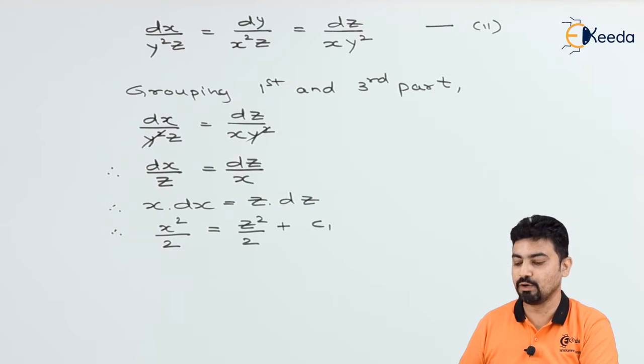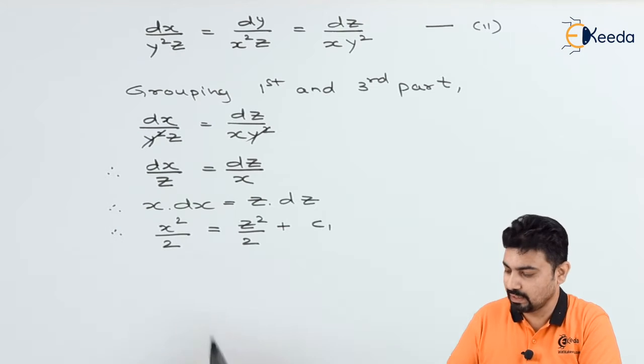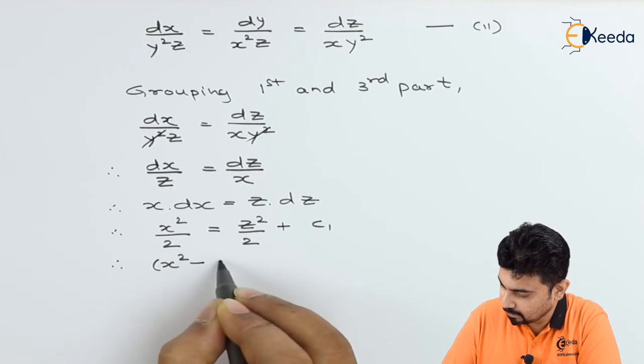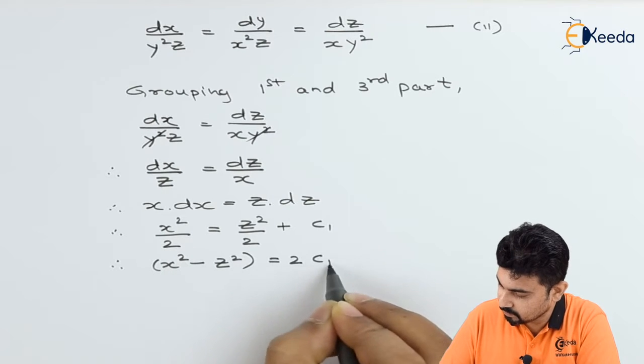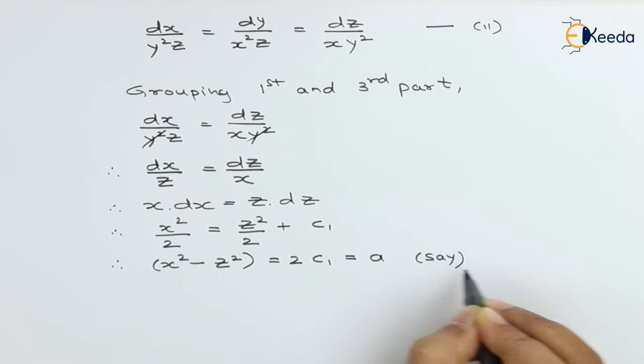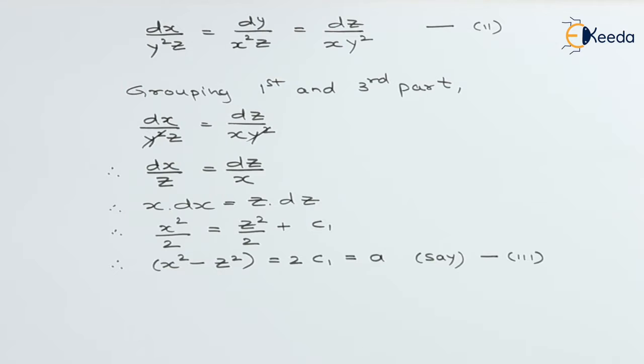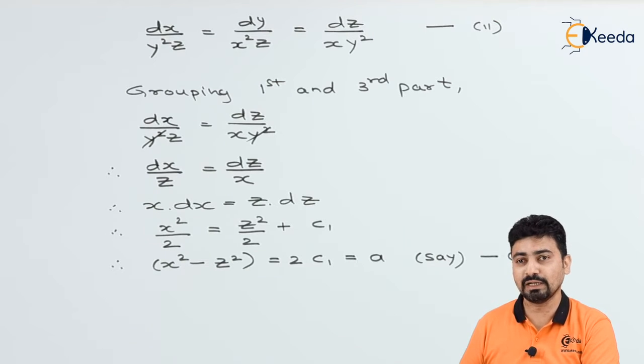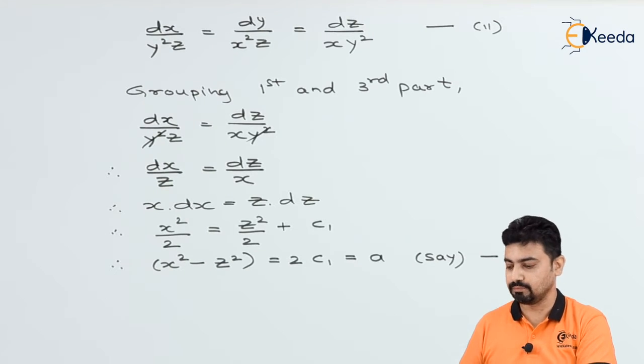So we have integrated, we got x square by 2 is equal to z square by 2 plus, let us say, a constant c1. Simplifying it further, we can get x square minus z square is equal to a. We have considered the constant 2c1 as a. Equation number 3. Now let us see which other group we can form.